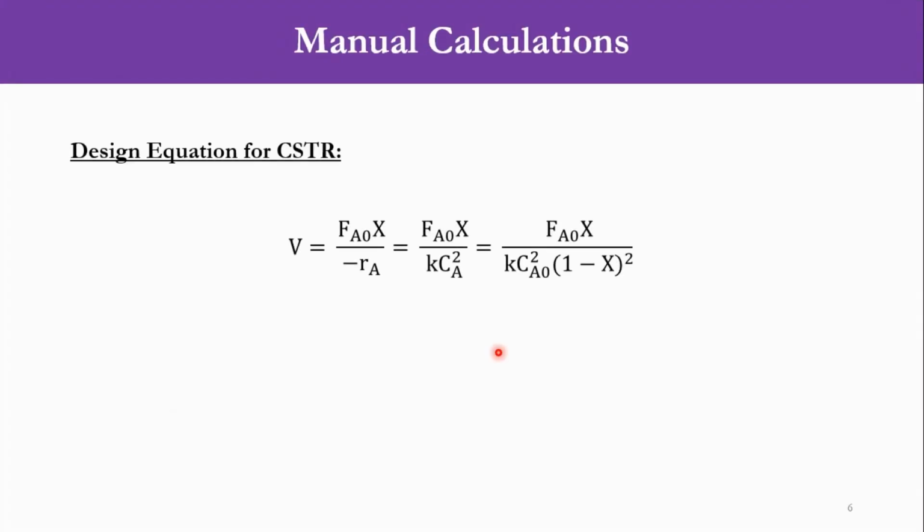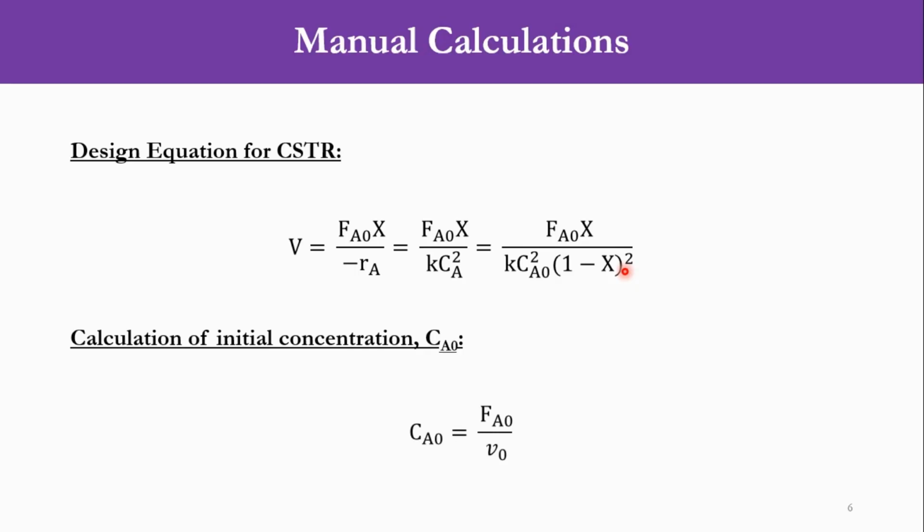Applying the design equation, V is equal to FA0 X over minus rA. Minus rA is equal to k CA squared, and CA is equal to CA0 into 1 minus X. So accordingly, the expression will become V is equal to FA0 X over k CA0 squared into 1 minus X whole squared. Now we need to calculate the concentration, because the concentration is unknown here.